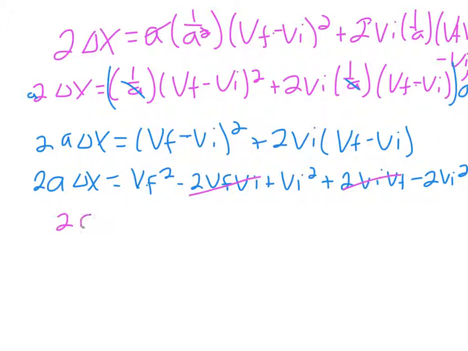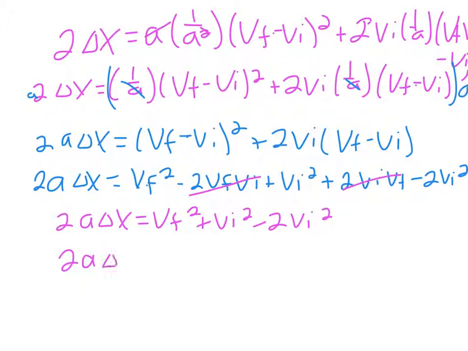This leaves us with 2a delta x equals v final squared plus v initial squared minus 2 v initial squared. Plus v initial squared minus 2 v initial squared is minus v initial squared.